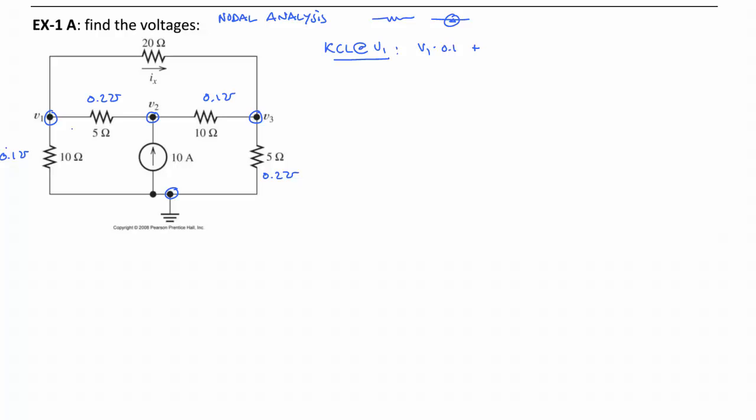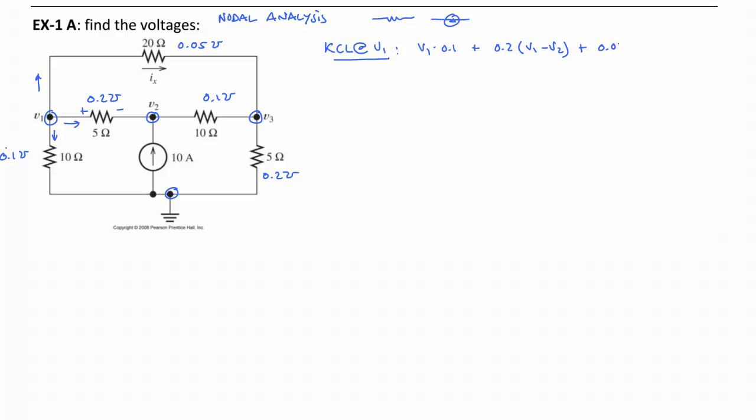Our second current, the one that's going to be going, so that was current going down through the 10 ohm. Now we have current to the right through the 5 ohm. That's going to be conductivity of 0.2 times the voltage across that resistor, which from left to right is going to be V1 minus V2. And then lastly, we have current flowing up through the 20 ohm, or we didn't label that one. That's going to be 0.05 mhos.